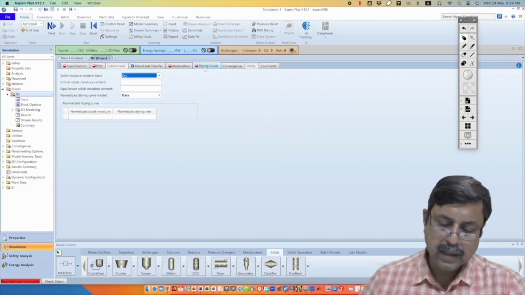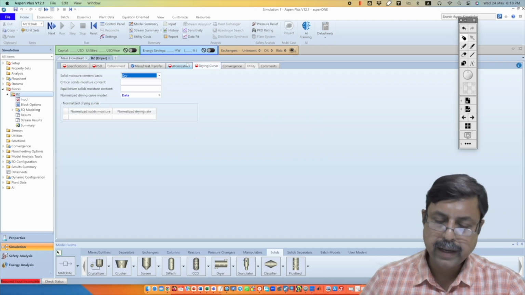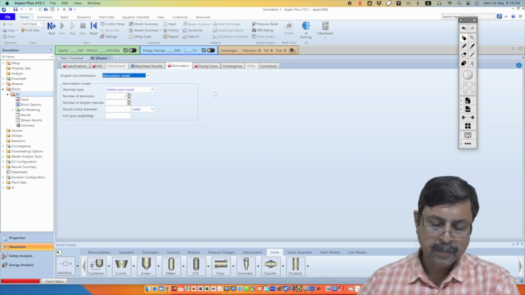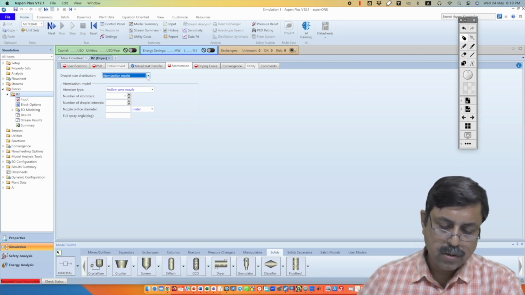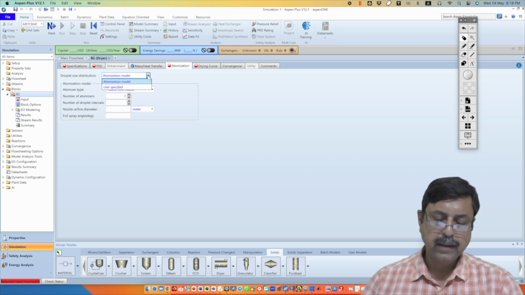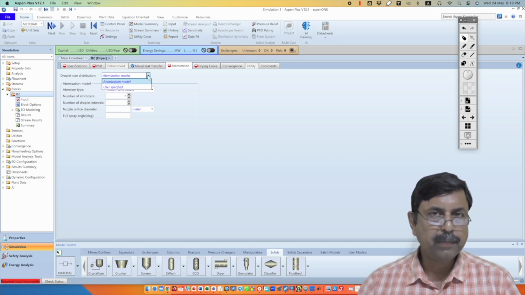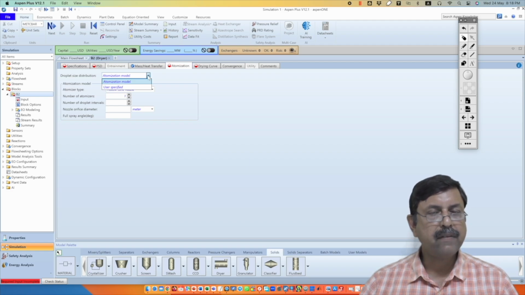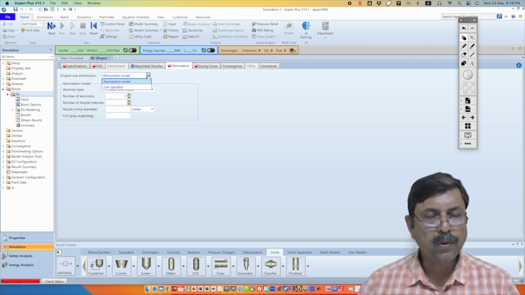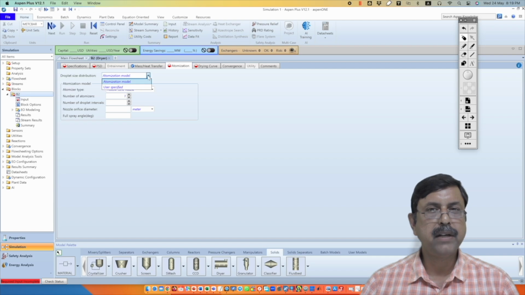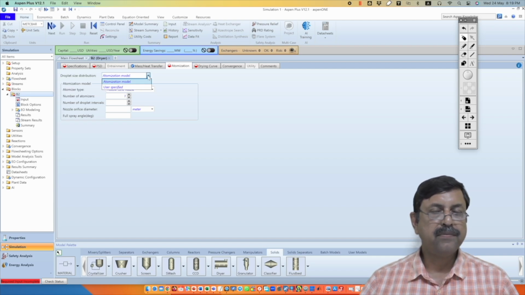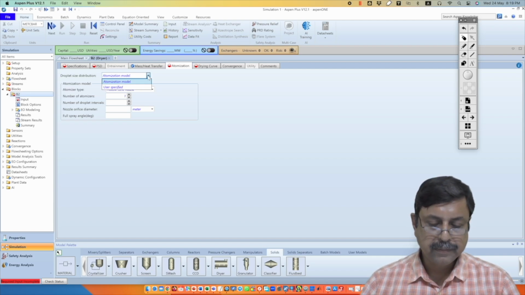And then the drying curve, I have already explained, and atomization. This is very important. There are two models. One is the atomization model and the other one is user specified. Again, if you have a model of your own that you might have got from literature, or maybe you have developed a model by yourself, you can use that.